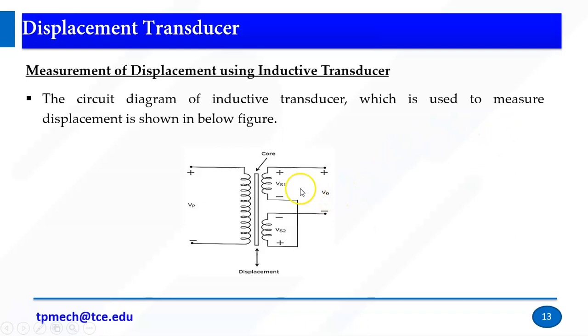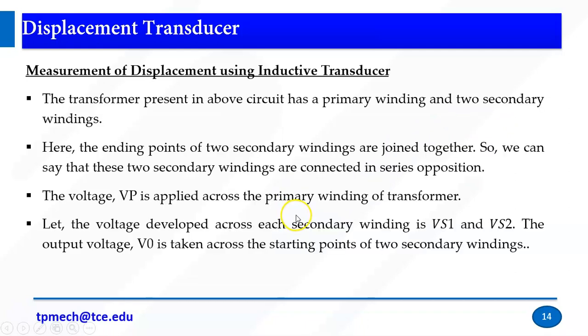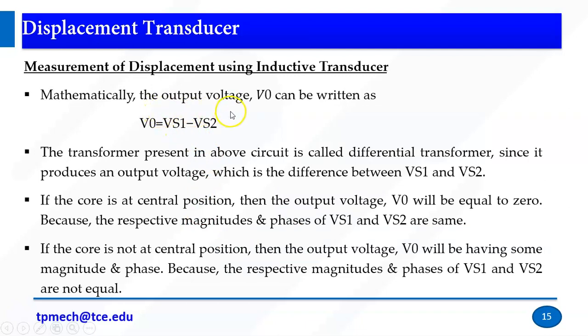So V0 is the difference between these two. These are inductive transducers, right? The output voltage V0 can be written as the difference between these two windings. If the core is at the central position, the output voltage V0 will be 0, because VS1 and VS2 induce equal voltages.